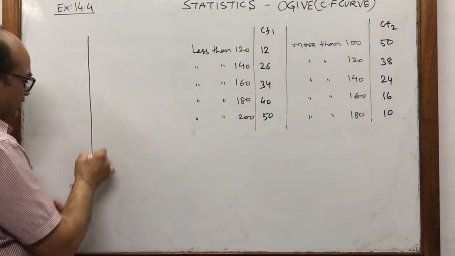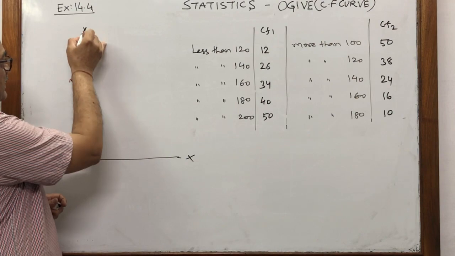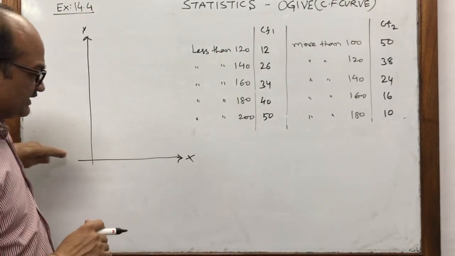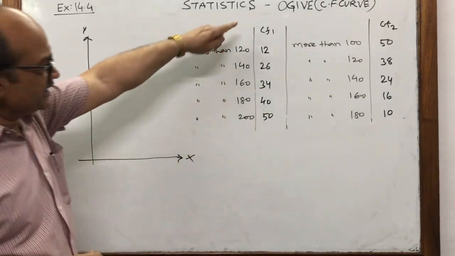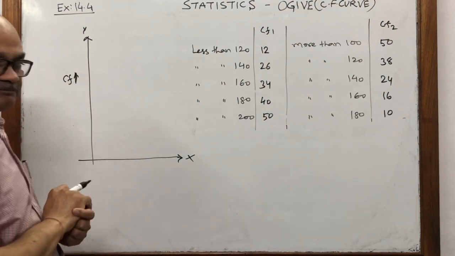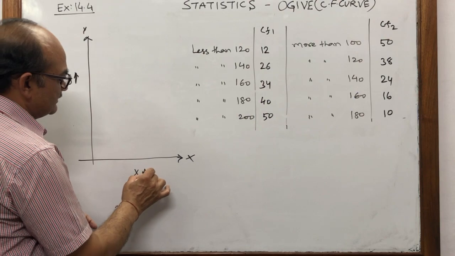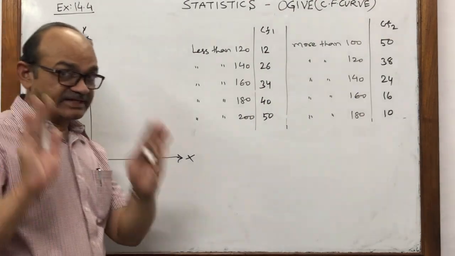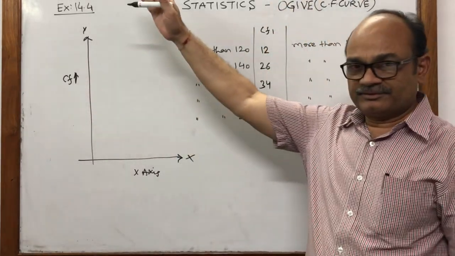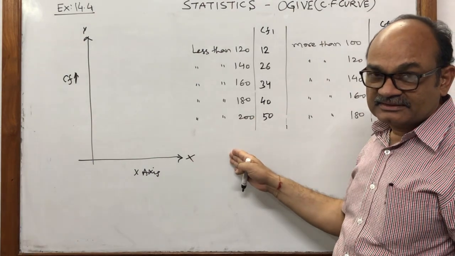How do we draw the less than curve? First we have to take the x-axis and y-axis only. The y-axis is vertical, the x-axis horizontal. This CF 1 always comes on the y-axis and these values always on the x-axis. So first thing clear: the y-axis is reserved for CF and the x-axis is reserved for upper limits.